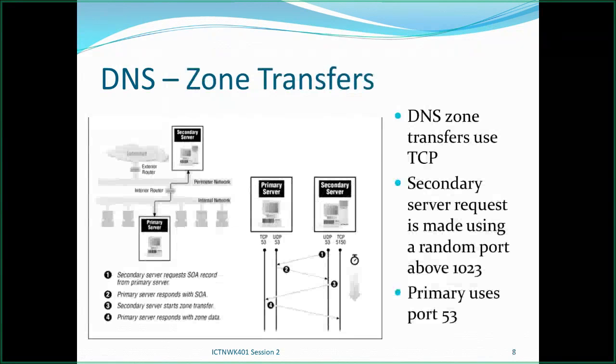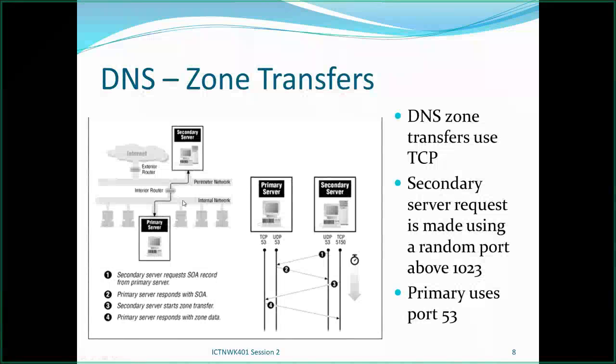Now with zone transfers, the way it works, for example, what is quite common is you'll have a primary server inside of a network with a secondary server outside in the DMZ zone, and they will share information between each other to get requests resolved.